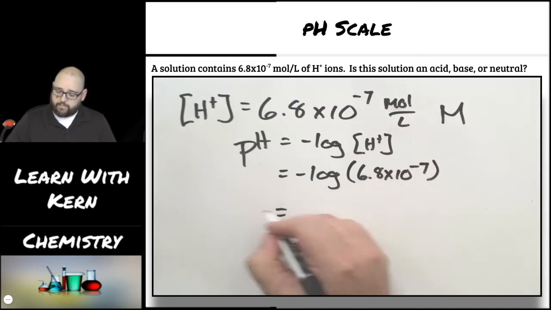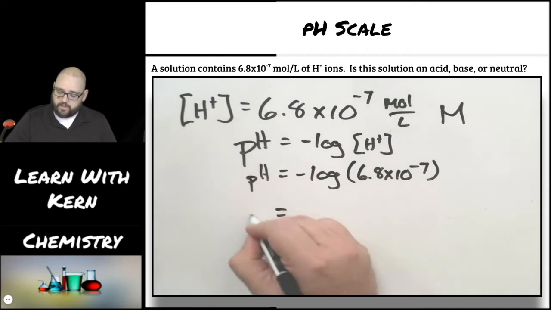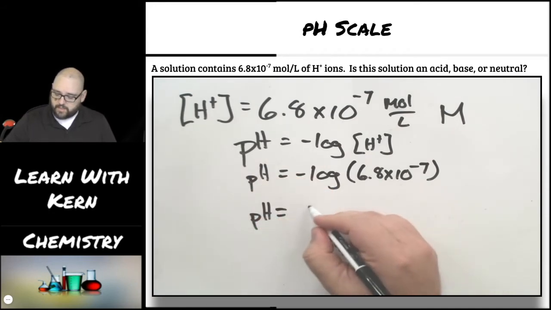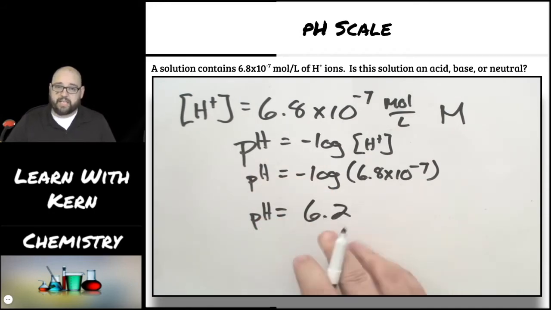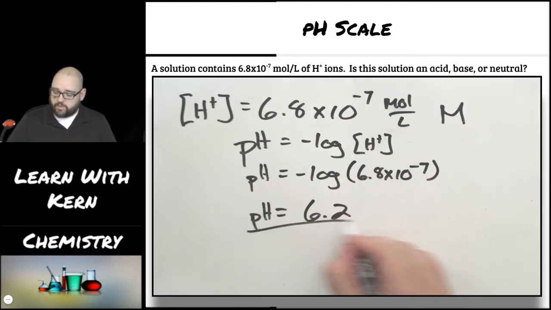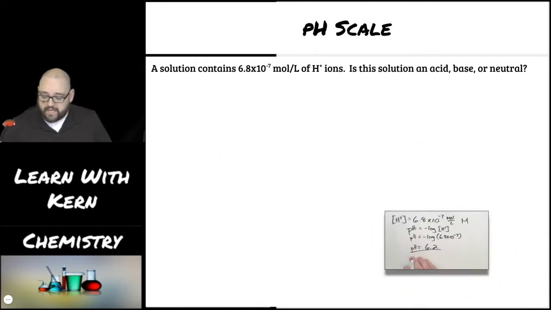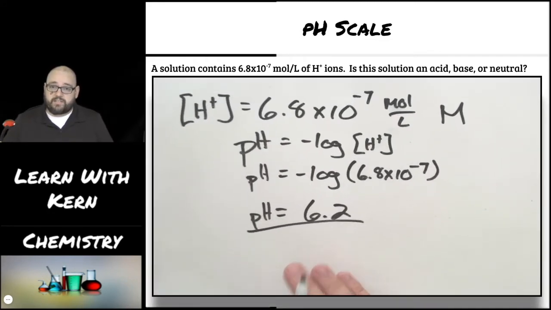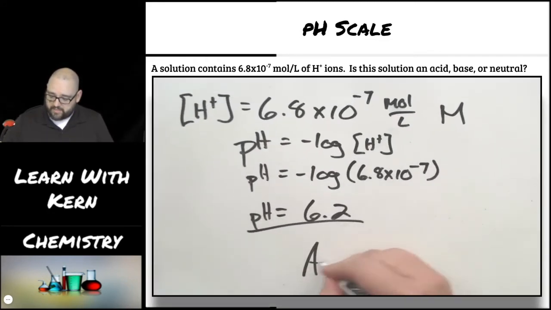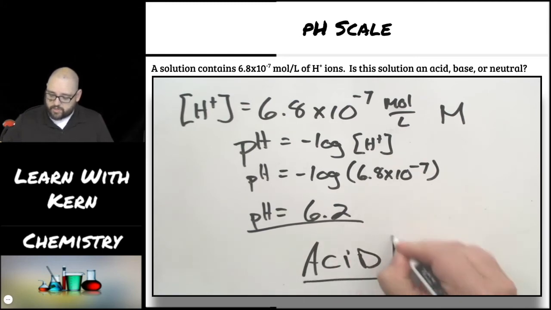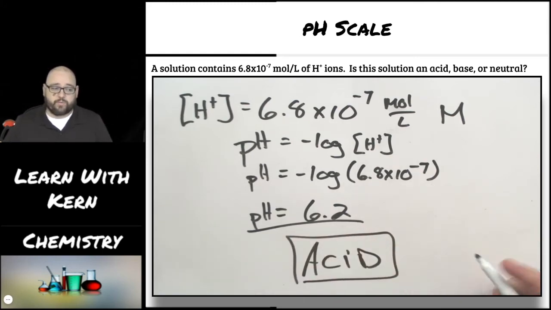And that plugged into our calculator gives us an answer of 6.2. Now pH doesn't really have a unit, so our pH is just 6.2 without a unit. That is less than 7, and so therefore this is an acid. So the question wanted to know, is it an acid, a base, or neutral? We have to find the pH in order to know whether it's an acid, a base, or neutral.